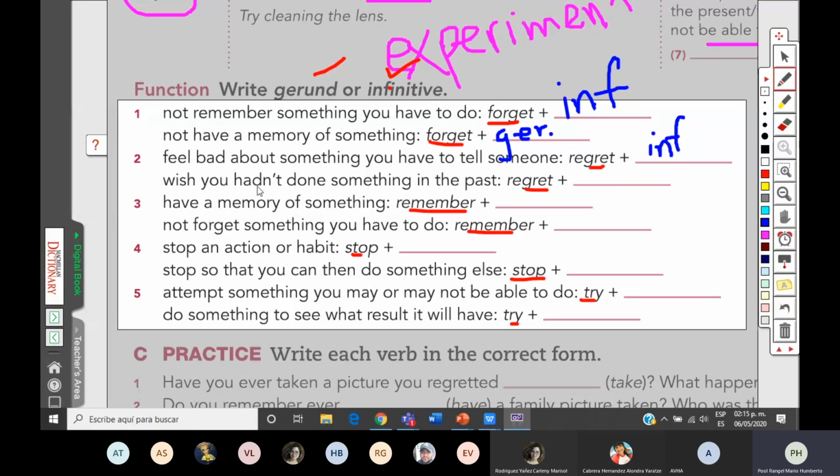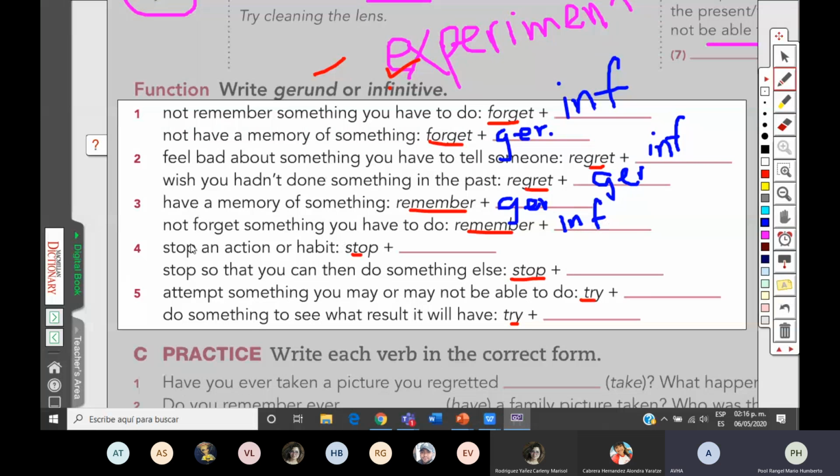And obviously when you wish you hadn't done something, it goes with gerund. Then it says, when you have a memory of something, you remember. Gerund. Very good. So this is gerund because you remember doing something. And obviously, not forget doing something you have to do, here it goes infinitive.